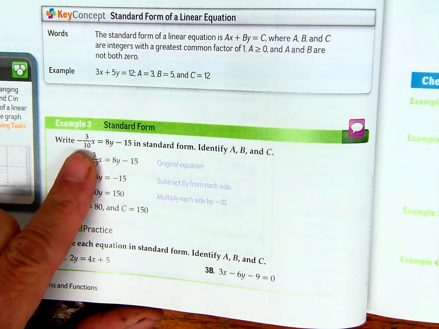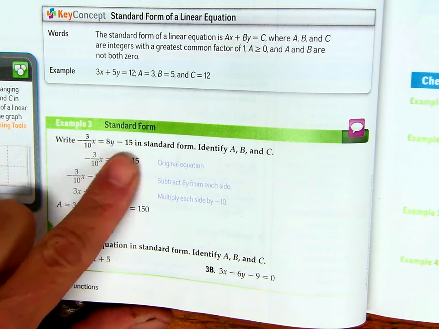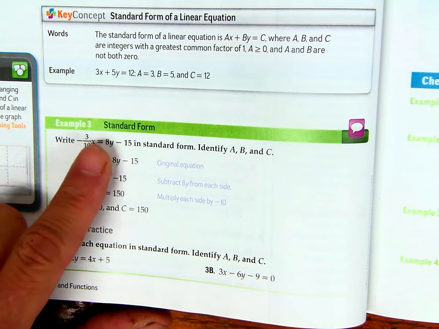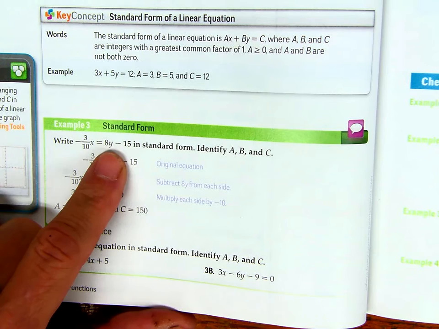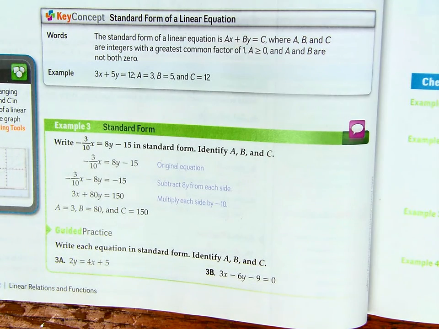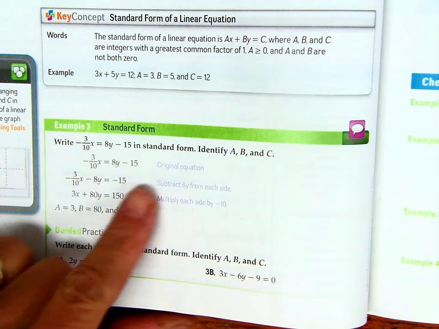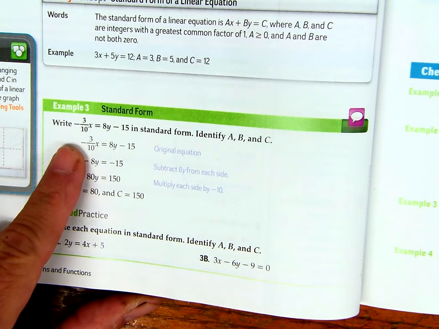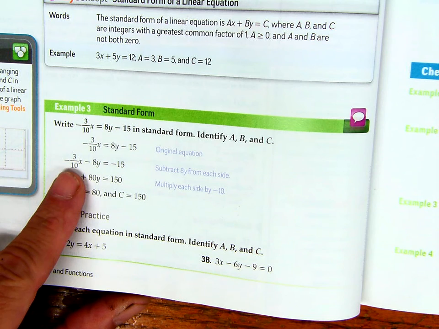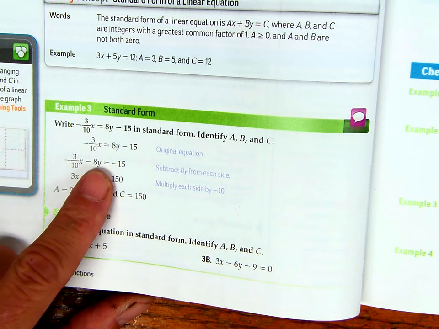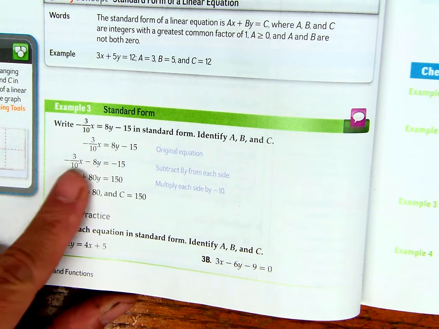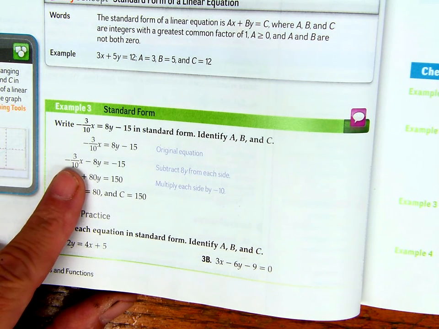Writing equations in standard form. This is not even in slope-intercept form. But here's an equation that has x on one side, y on the other side. It's not in standard form, so we need to change it to standard form. The very first thing they do is move the y term over with the x's. So now we have negative 3/10 x minus 8y equals negative 15. We would be done except that there's a fraction in front of the x.